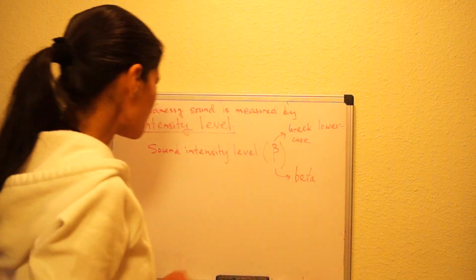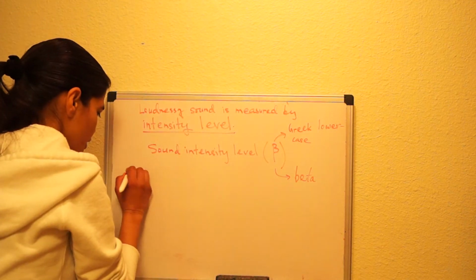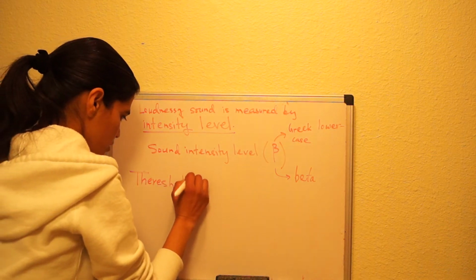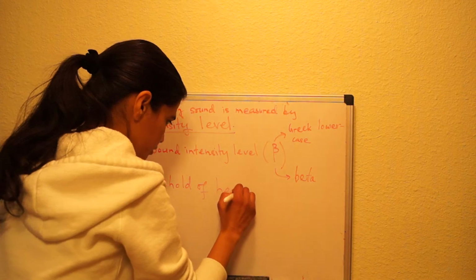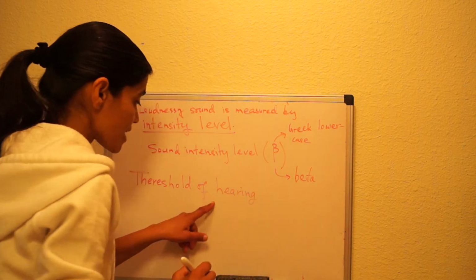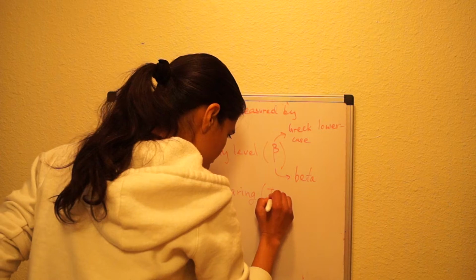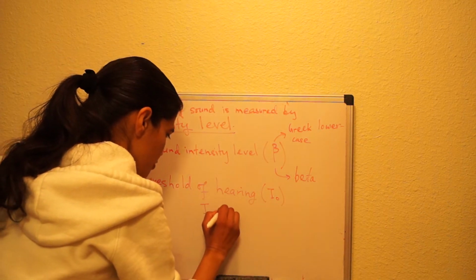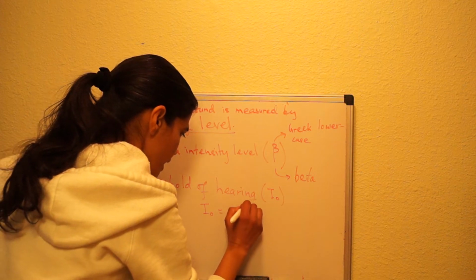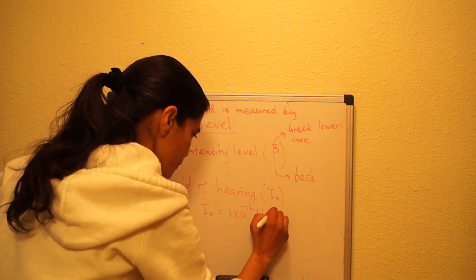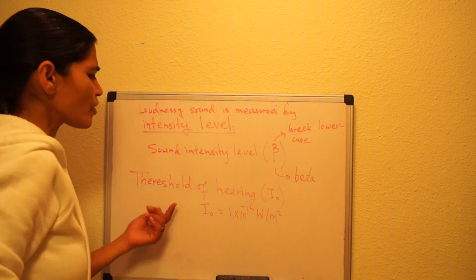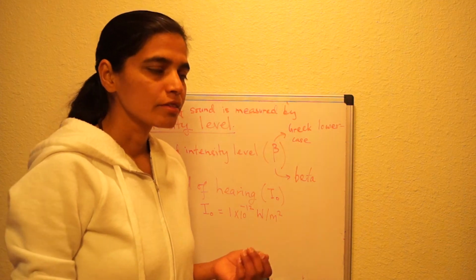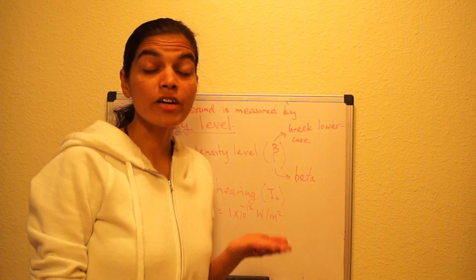There is something called threshold of hearing. This is a sound intensity represented by the quantity I naught, okay? This threshold of hearing I naught turns out to be 1 times 10 to the power minus 12 watt per meter squared. So threshold of hearing is like the zero scale. The value is not zero, but that's like the reference point, okay?